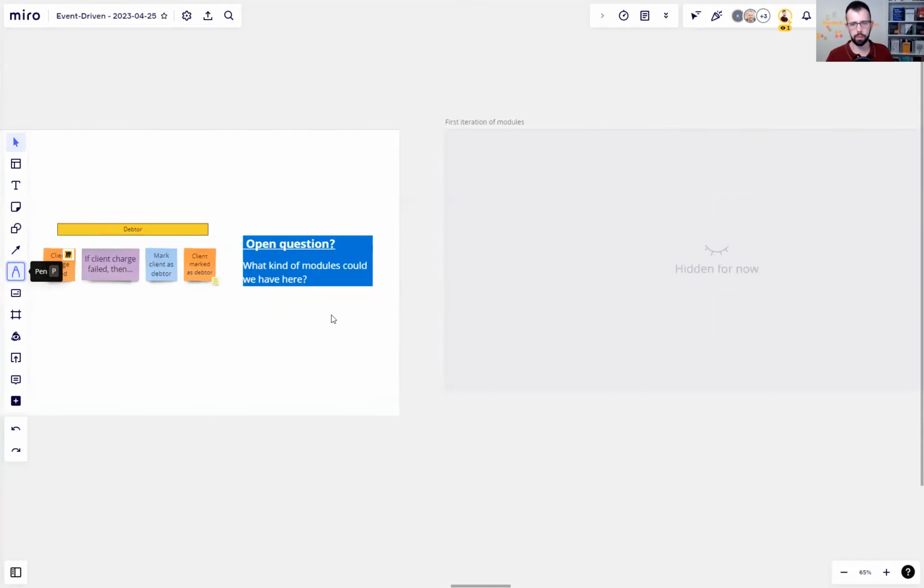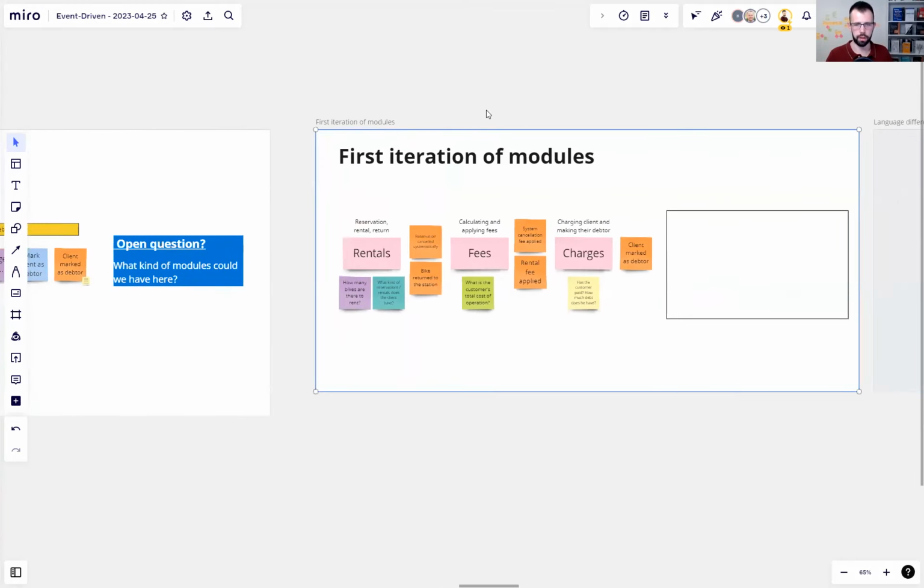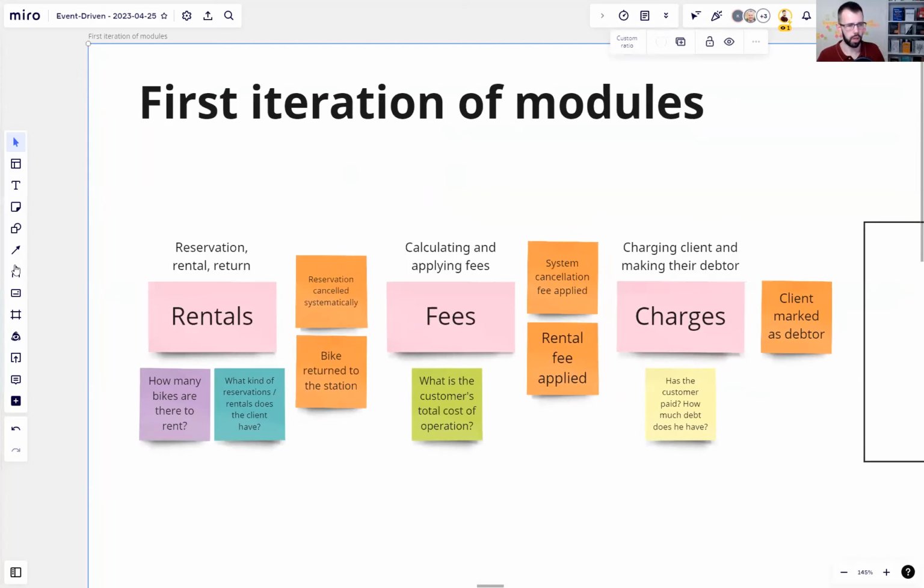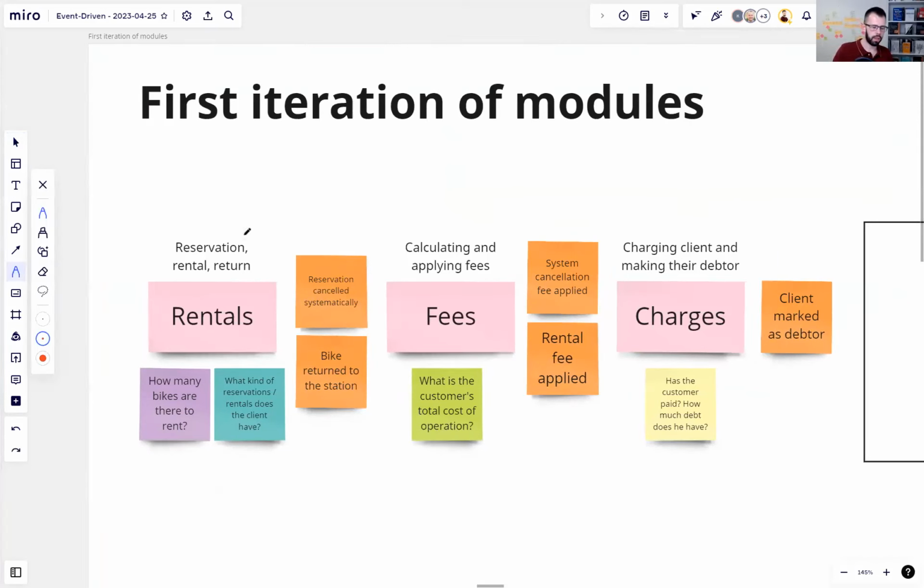And we could come up with three modules, like the first iteration of the modules. We have rentals, which contains three different processes: reservation, rentals, return, and it answers two different questions: how many bikes are there to rent? What kind of reservations and rentals does the client have? It communicates by different events with fees, which is responsible for calculating and applying fees, and answers the question: what is the customer's total cost of operation?